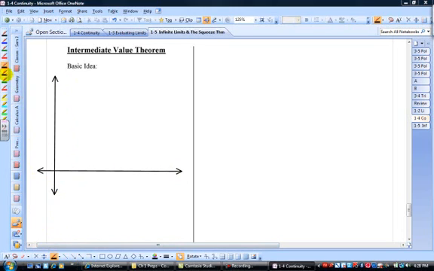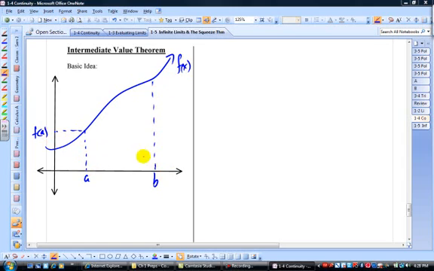Call it f of x. Let's suppose that this value is a, and over here this value is b. On the right, you take a, substitute it in the function, you get f of a. Take b, evaluate the function, you get f of b here.